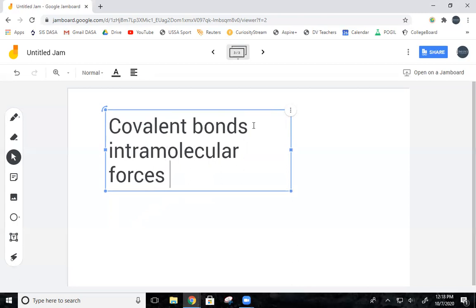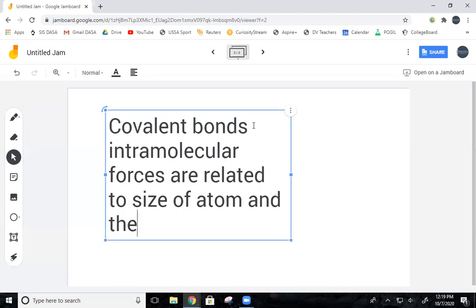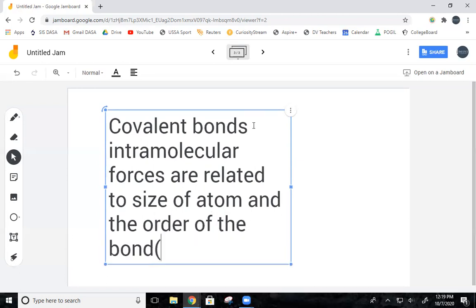Forces are related to the size of the atom and whether or not it's a double or a single or a triple covalent bond. Okay, and the order of the bond, which is single or double.